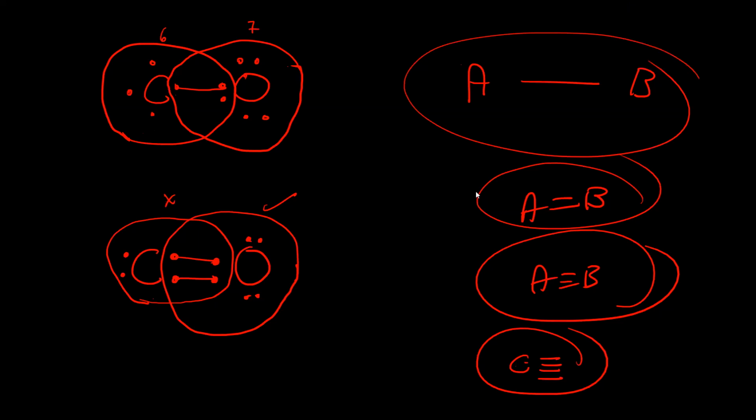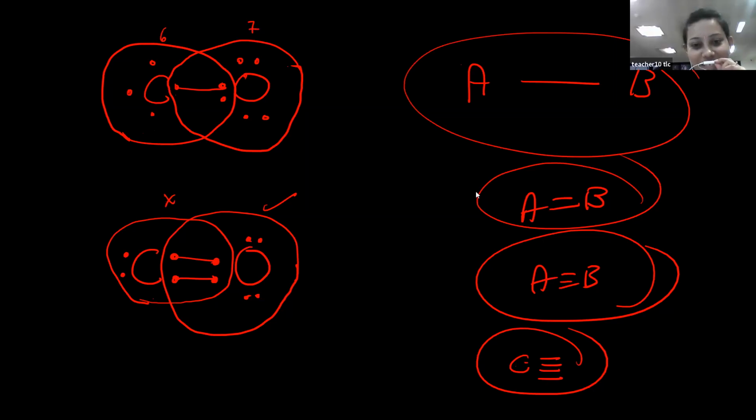Can the octet rule be broken? Yes, exceptions are there, just as they are everywhere. You can observe some compounds which are stable with an odd number of electrons.